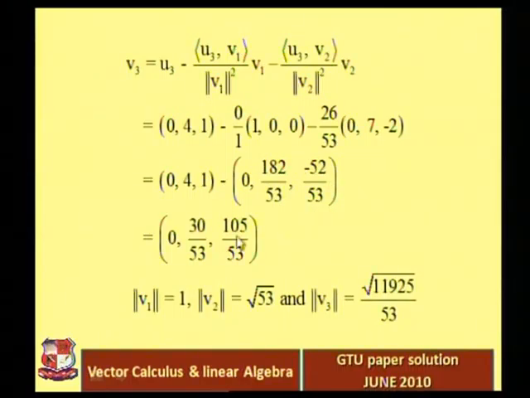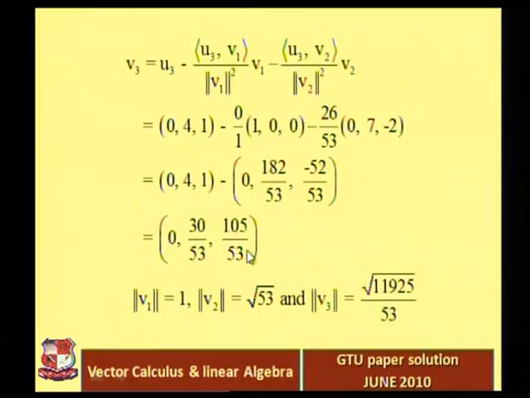So that is equal to 0, 4 minus 182 divided by 53, that will become 30 by 53, and 1 plus 52 by 53. When you take the LCM, 53, in the numerator you will get 53 plus 52, that is equal to 105. So this is our V3. V3 is (0, 30 by 53, 105 by 53).